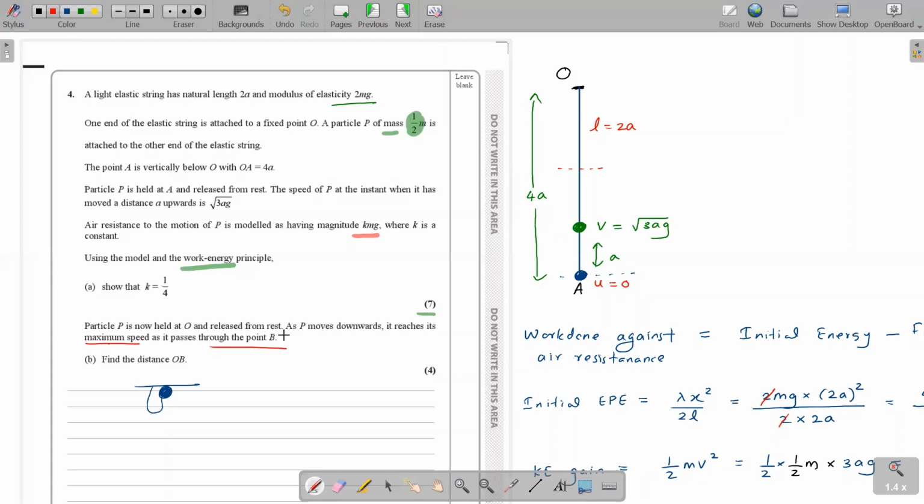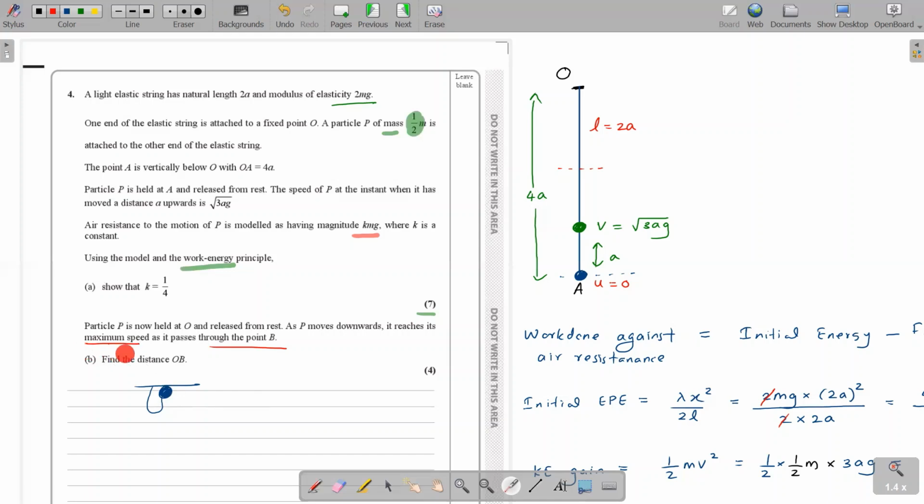So how do we find the distance OB? It's just 4 marks here. You might be thinking that normally, for maximum speed in simple harmonic motion, the maximum speed occurs at the center of SHM. But in this particular question, because we use the work energy principle, we do not know where the center is. So for maximum speed, we know that the acceleration will be 0.